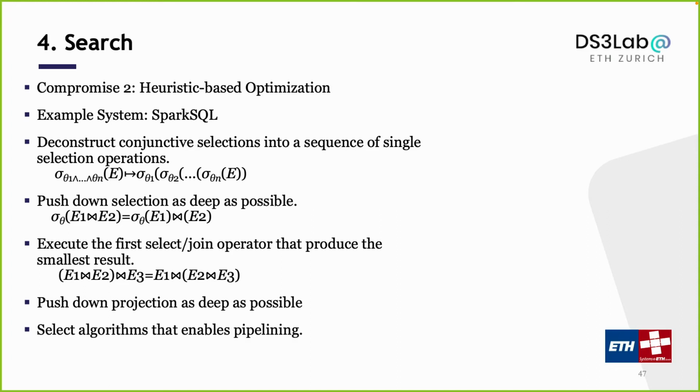This can also give you the structural plan. Then how can you pick the implementation to use for each of those operators in the tree? You try to pick an algorithm that enables pipelining as much as possible. So this is just a very simple rule-based optimizer that surprisingly works pretty well in many cases.